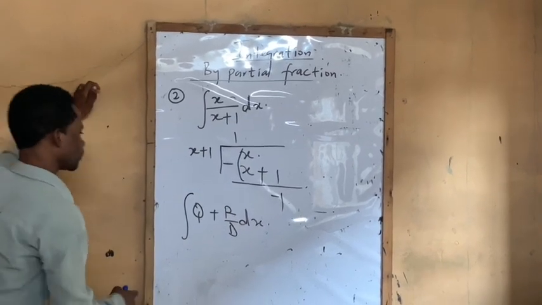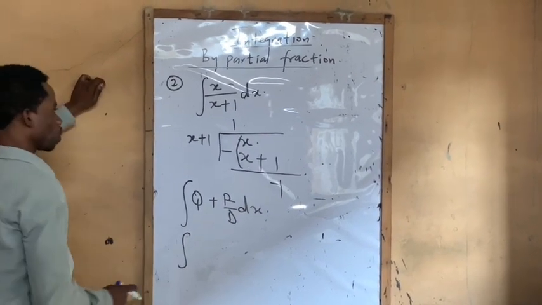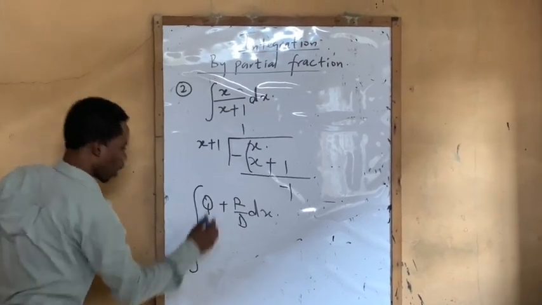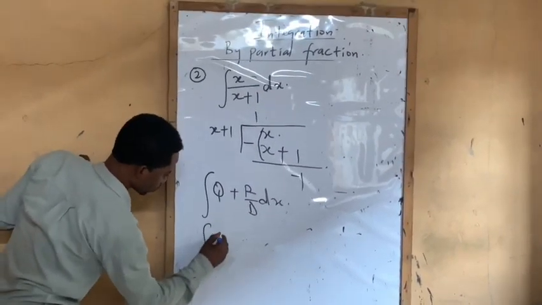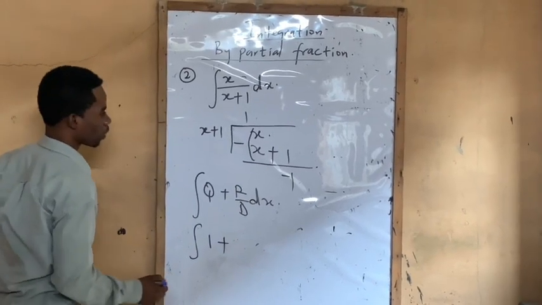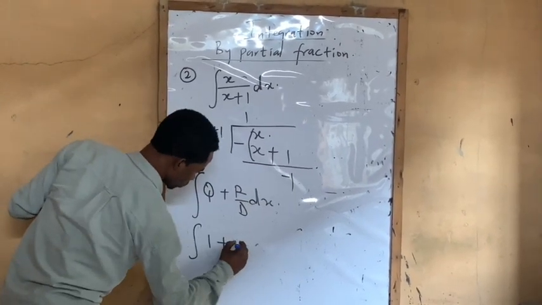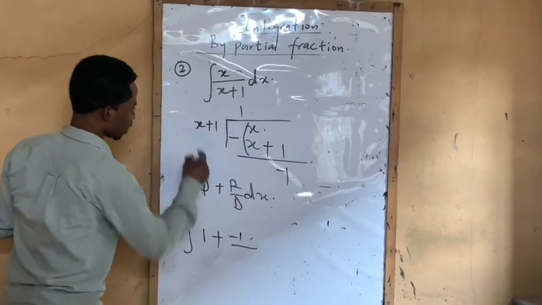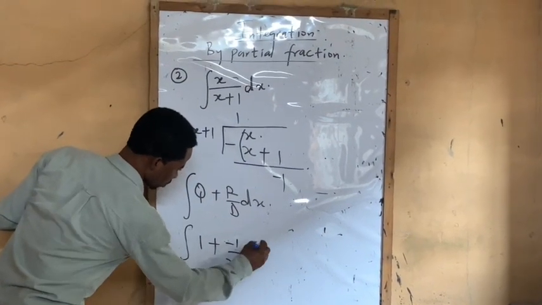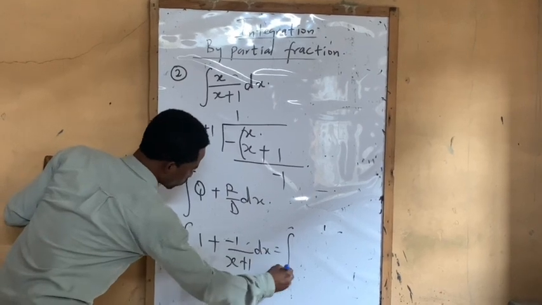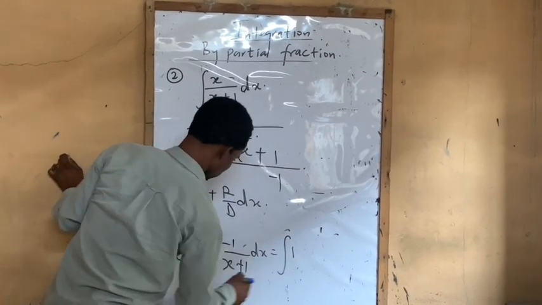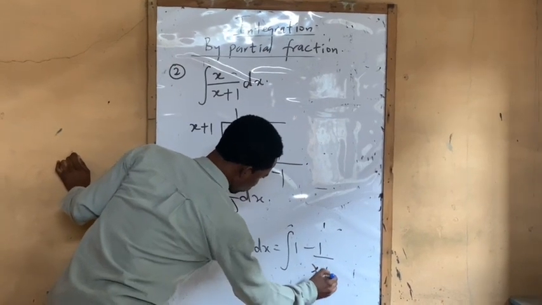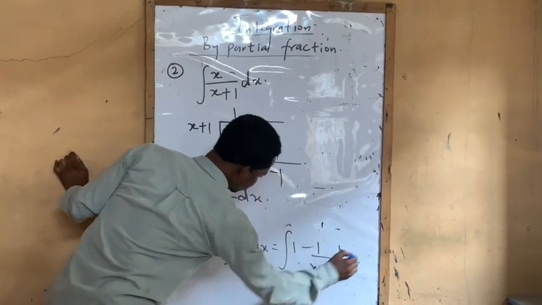So what's our quotient? That is going to be the 1, plus our remainder here is minus 1 all over the divisor, that is x plus 1, dx. So we have 1 plus minus 1 all over x plus 1 dx.